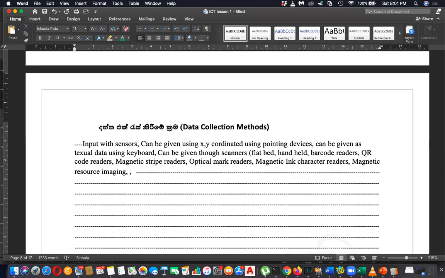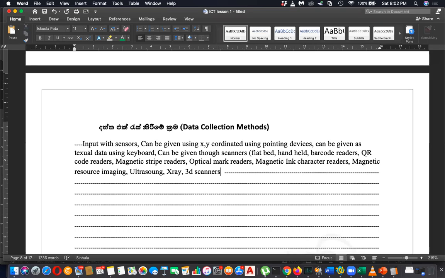Magnetic resonance imaging, ultrasound, X-ray. Okay, those are some scanner formats. 3D scanners.